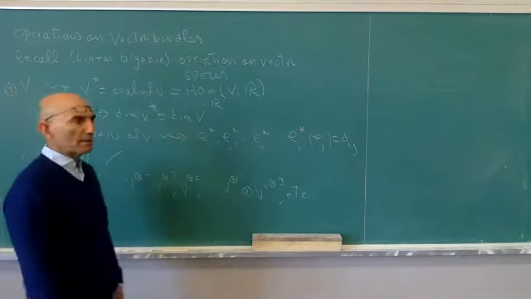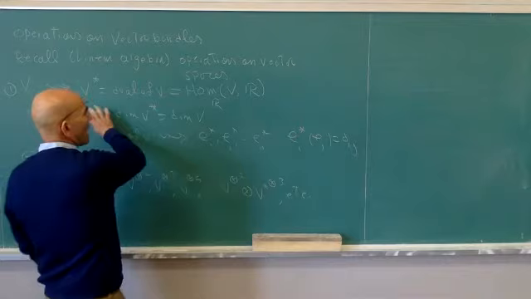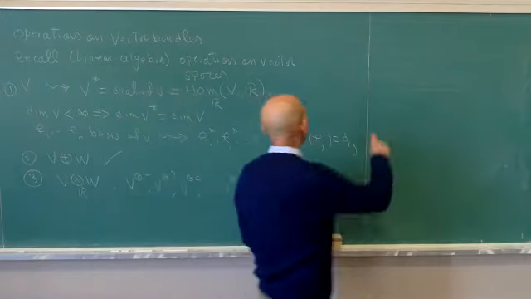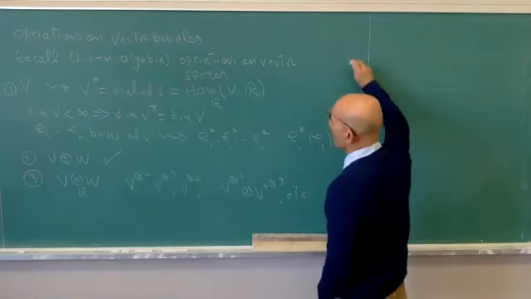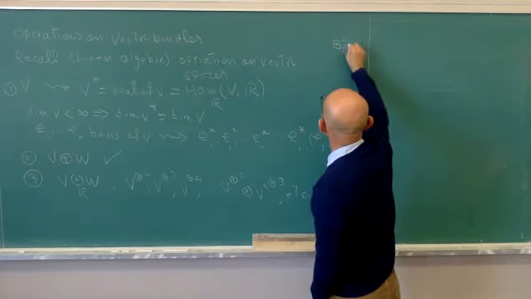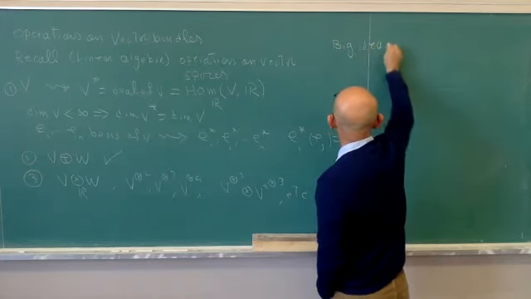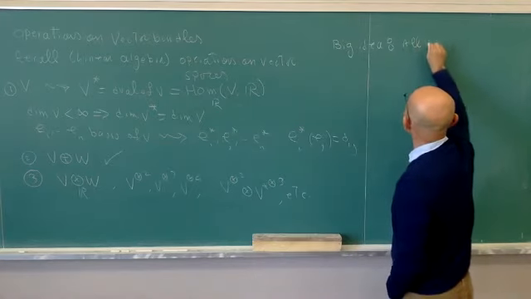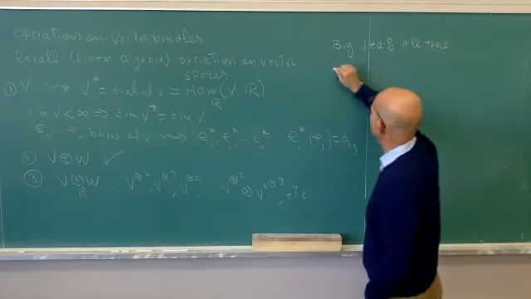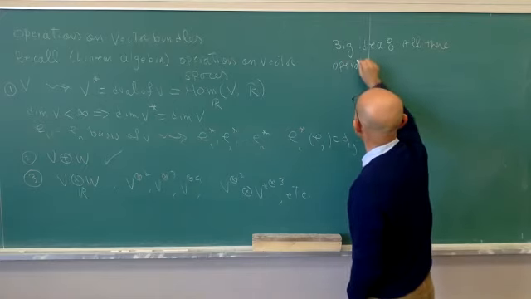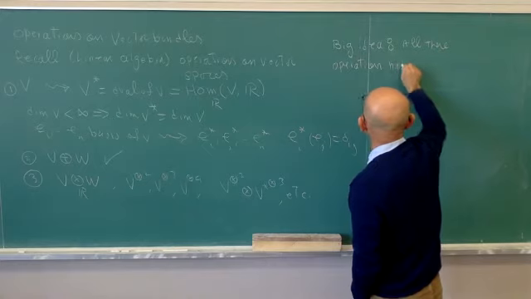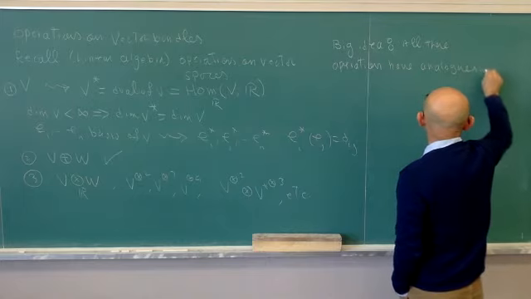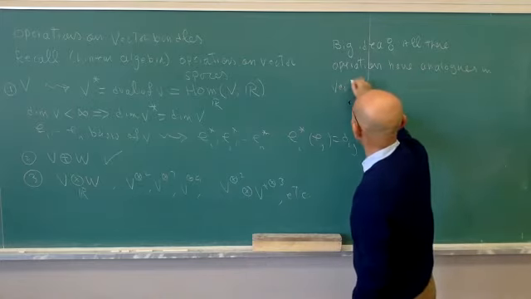Now, the point is that we can actually take these things and do all of them for vector bundles as well. So that's a good thing. So the big idea is that all these concepts, operations, have analogs in vector bundle theory.